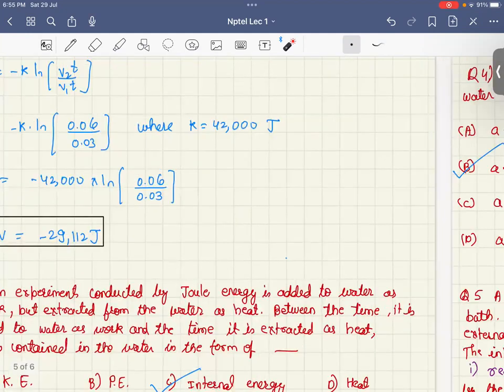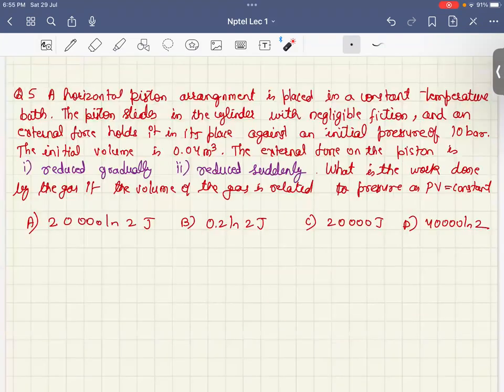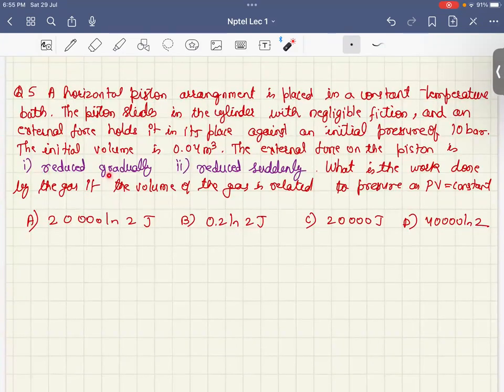But what about the irreversible part? This is the irreversible part. So you have to solve for both the things, right? So I'll give you 5 to 10 minutes to solve this question. If anybody has any doubt in understanding the question, they can ask.